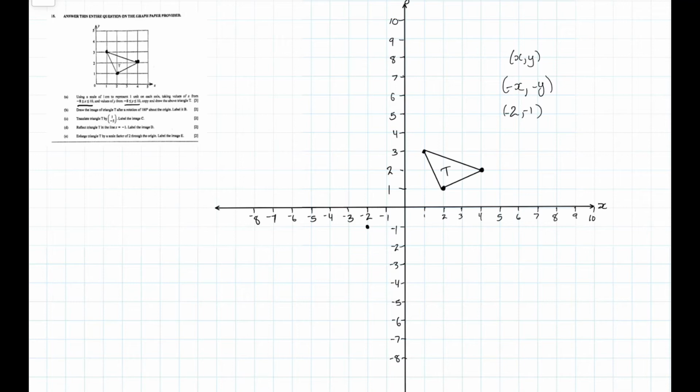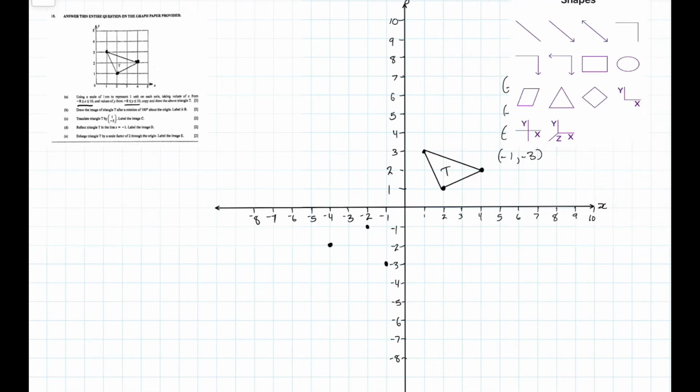And then the next point is 4, 2, which means our new point should be -4, -2, which is right here. And then our final point is 1, 3, which means that our new point should be -1, -3, which is right here.